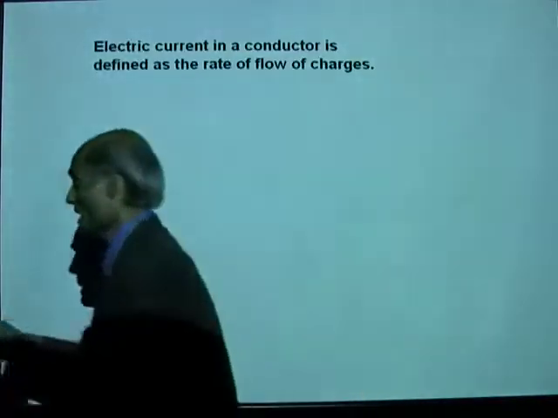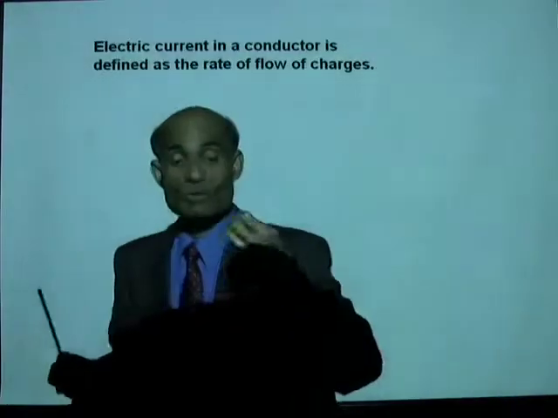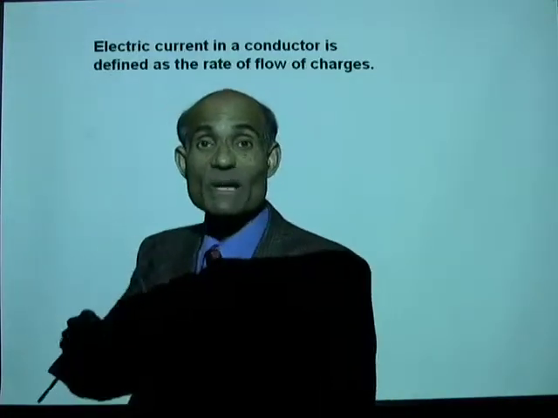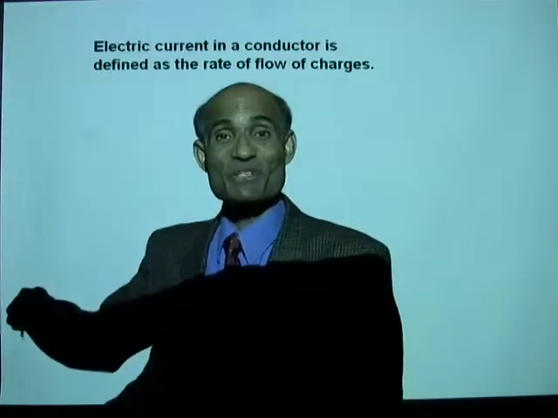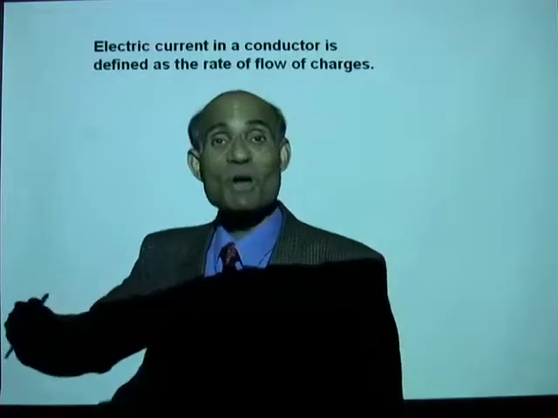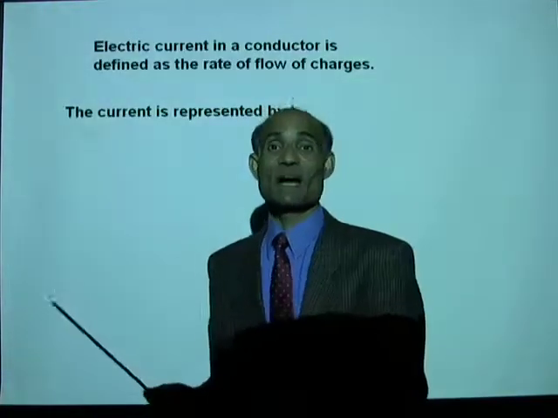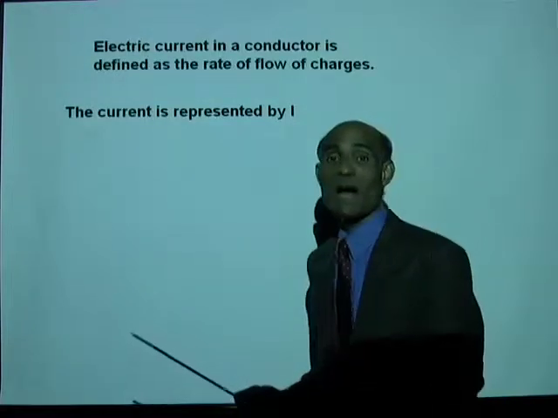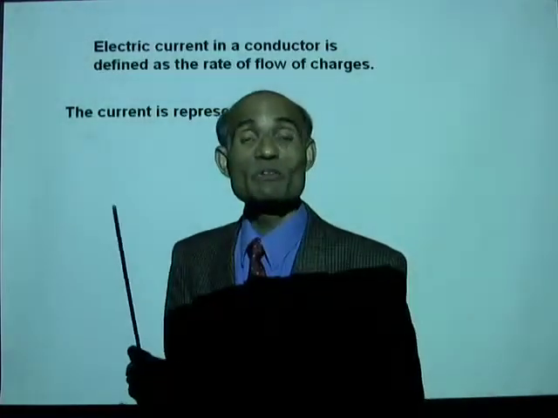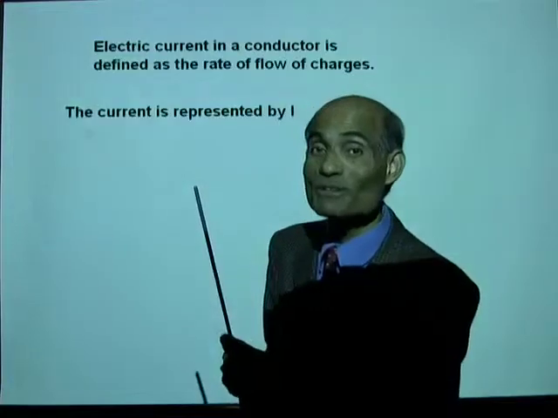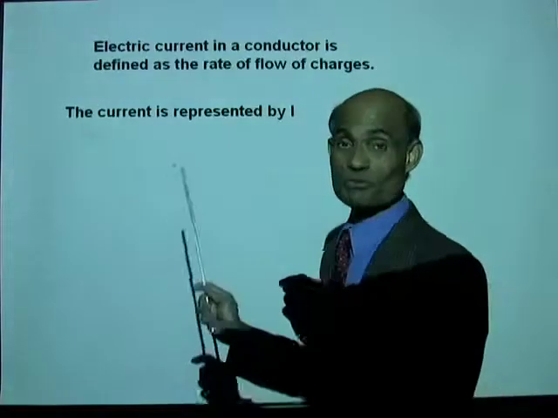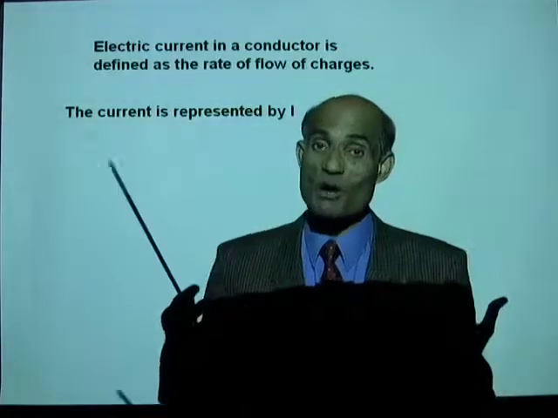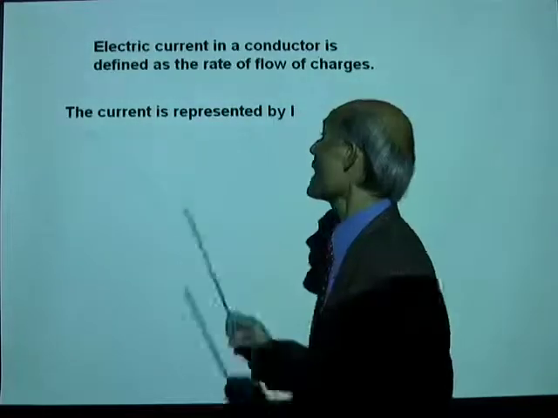In other words, electric current is the rate of flow of electric charges, or the rate of drift of electric charges. And current in a conductor we will represent by I. If you remember when we talked about the thermal current some time ago, we used the same letter I. So when you want to represent a current, we will use the letter I.